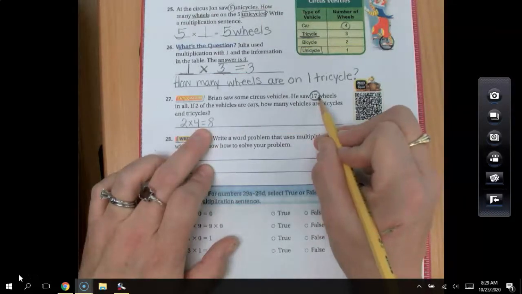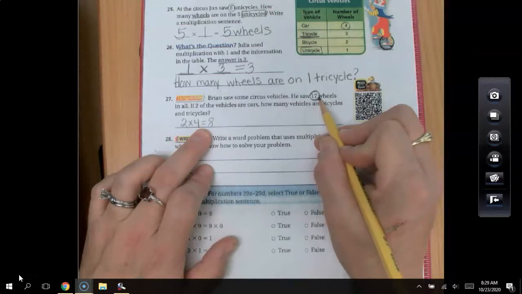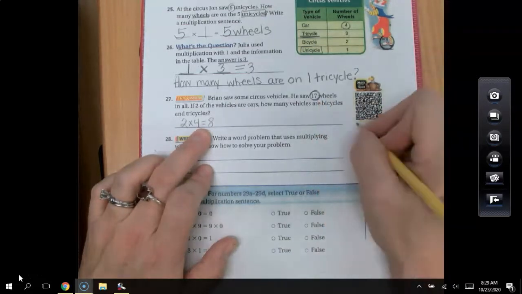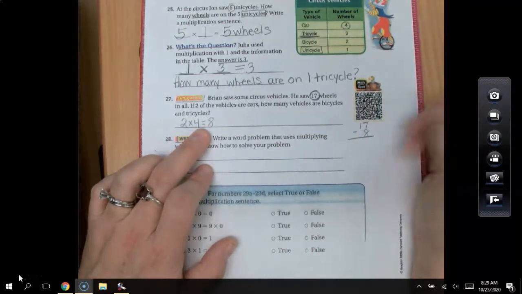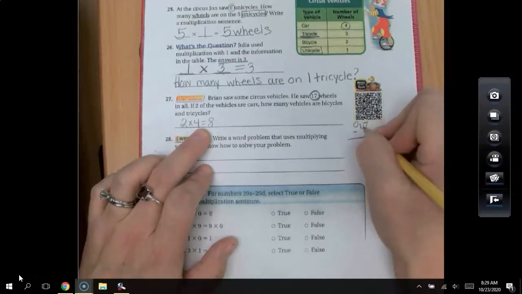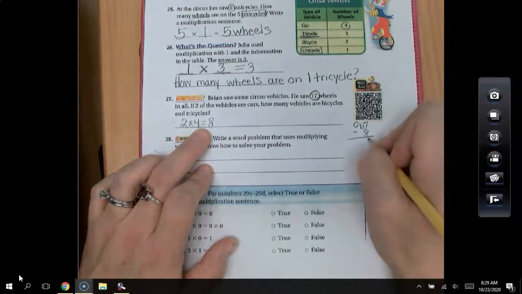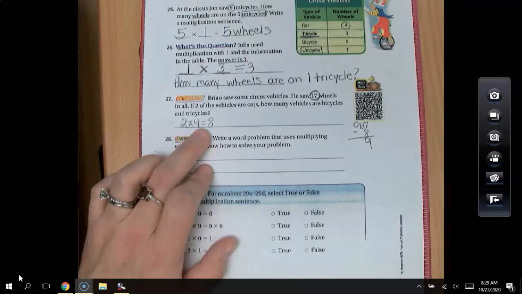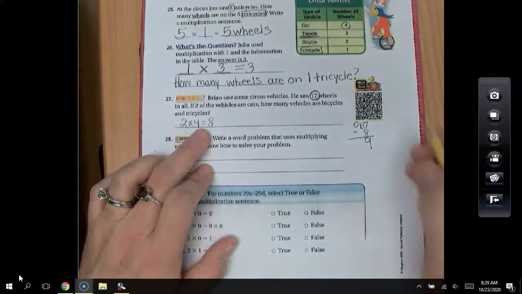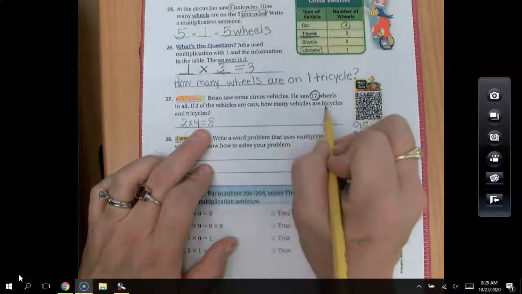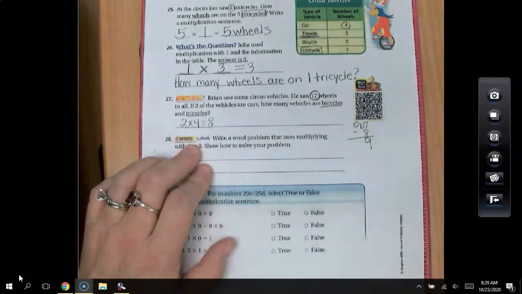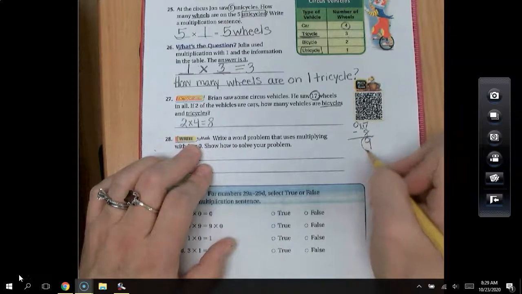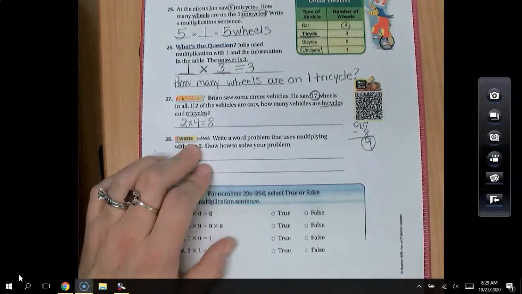So how many wheels do I have to get yet? Well, let's do a subtraction problem. 17 minus 8 is what? 17 minus 8 is 9. Good job, 9. Boys and girls, I still have bicycles and tricycles, but I can only have 9 more wheels.